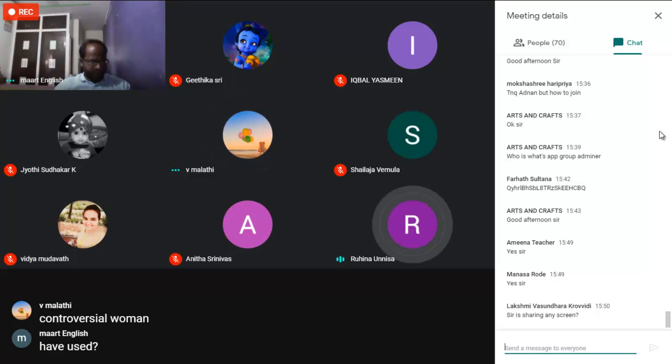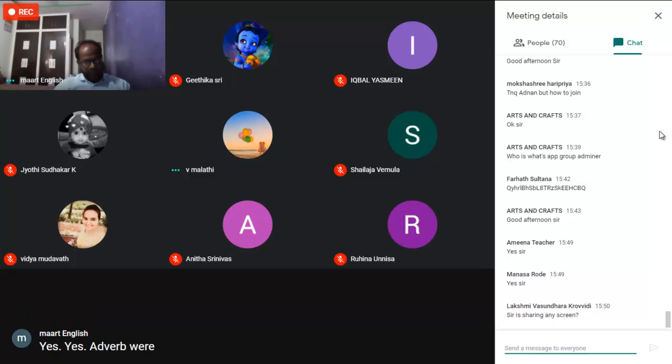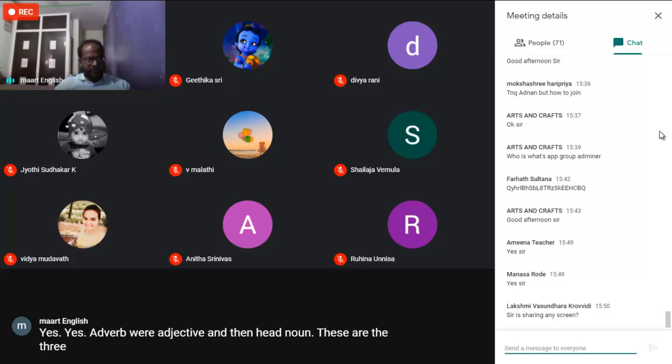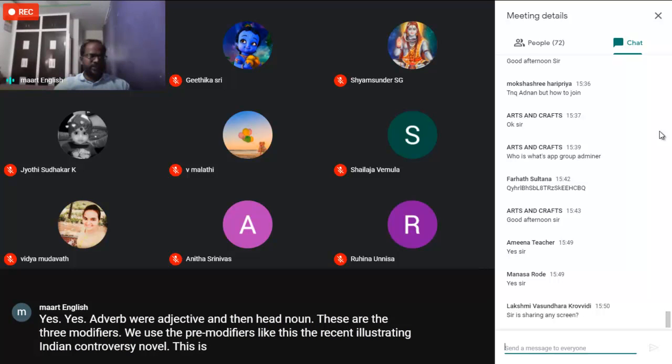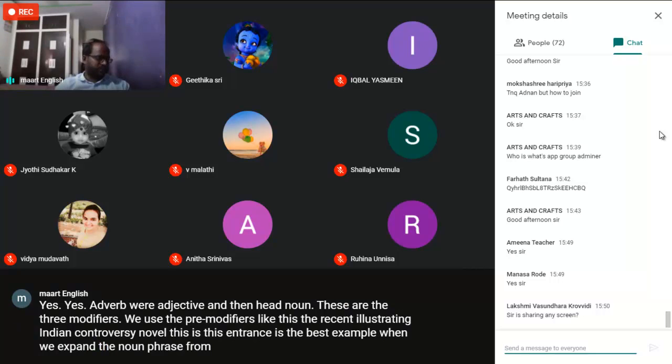Determiner, adverb, verb, adjective, and then the head noun. These are the pre-modifiers. This is the best example of expanding the noun phrase from one series to another.